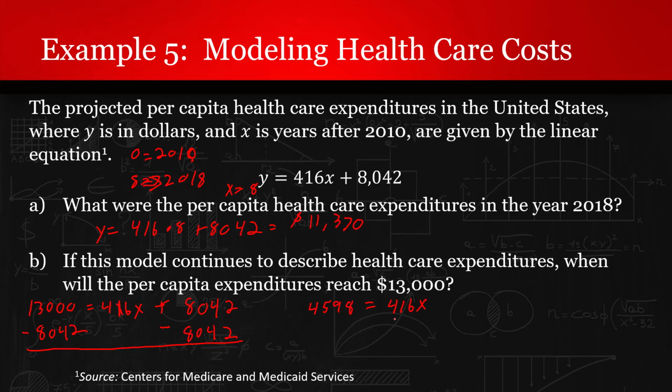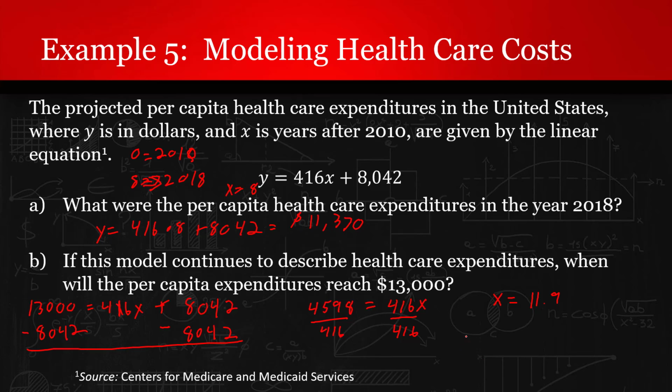All right, cool. Well, then we use the multiplication property of equality and divide both sides by 416 to isolate the x. And if we do, we will have that x is equal to 11.9.